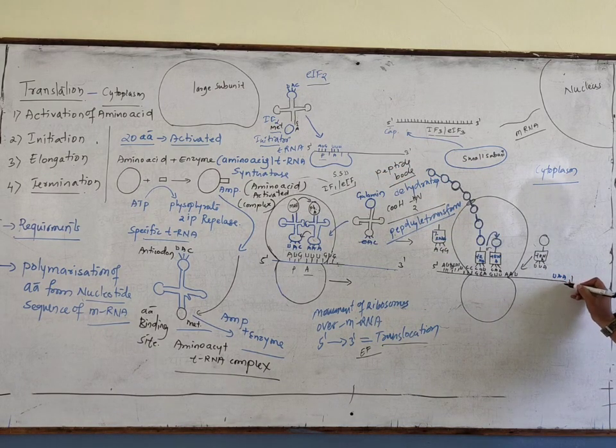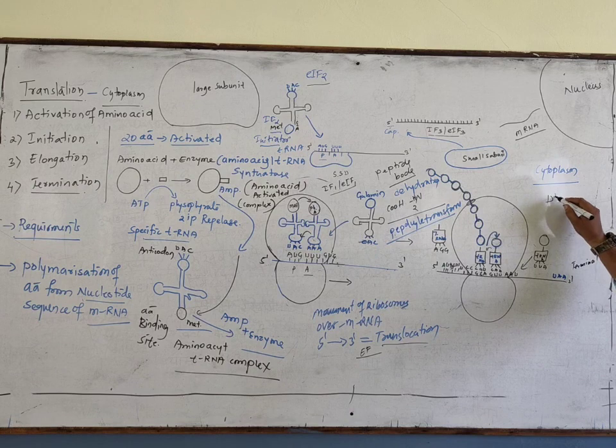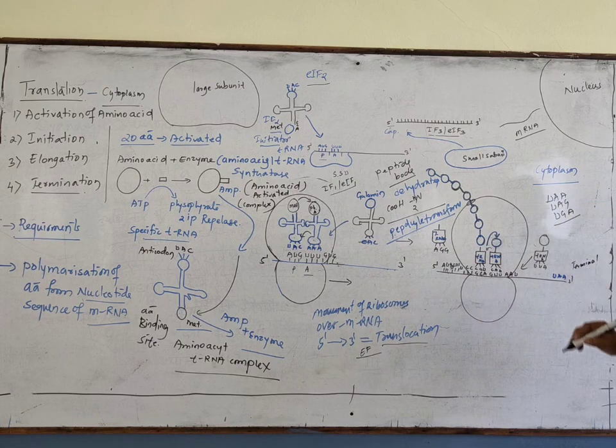When they reach the terminal region, any one of the three stop codons, UAA, UAG, UGA, present at the 3' end, is encountered.